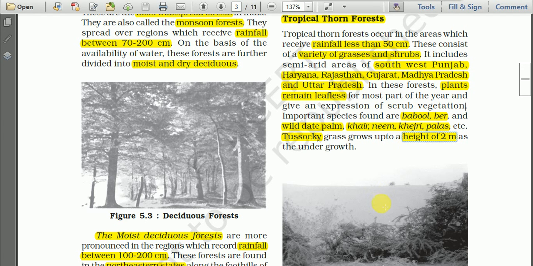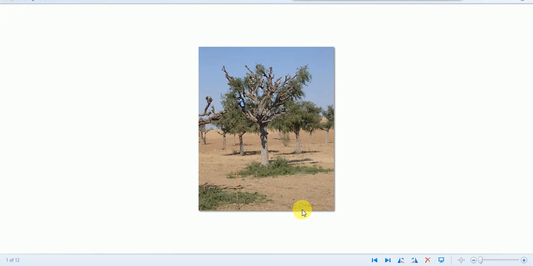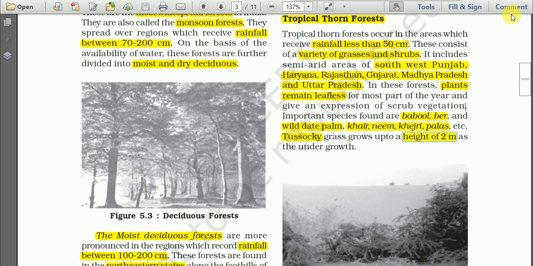See, this is the khejuri tree, grown in this Thar desert of Rajasthan.